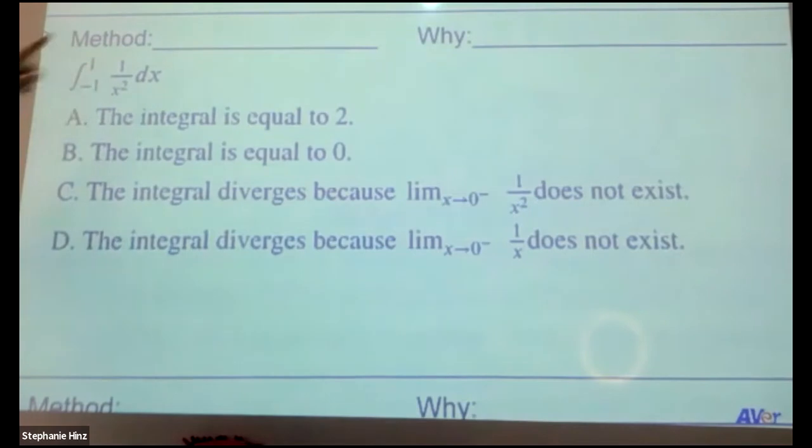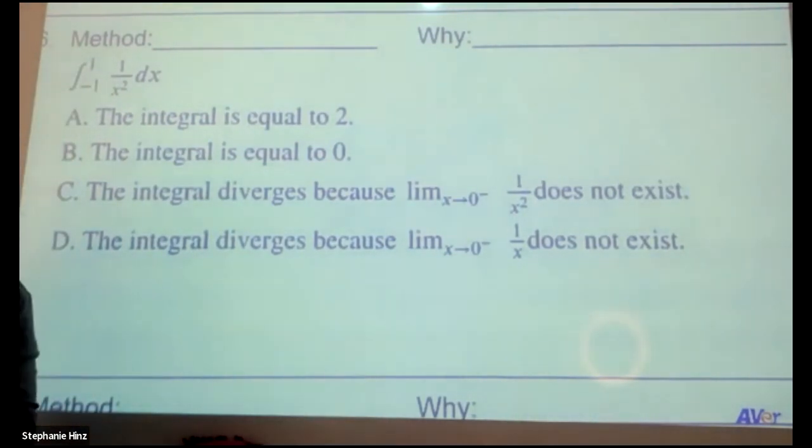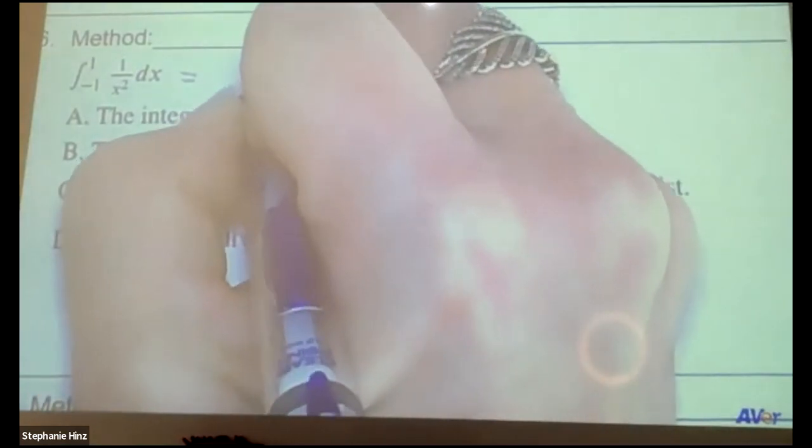So from -1 to 1, we're definitely going to have a situation where we've got 0. The way that you rewrite this is you're going to go from -1 to 0, and we're going to throw a limit out in the front.